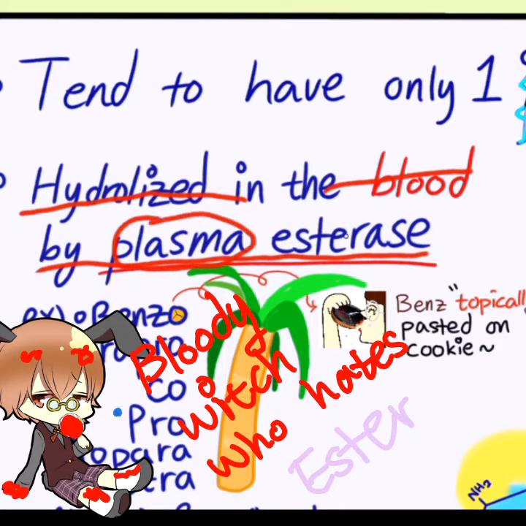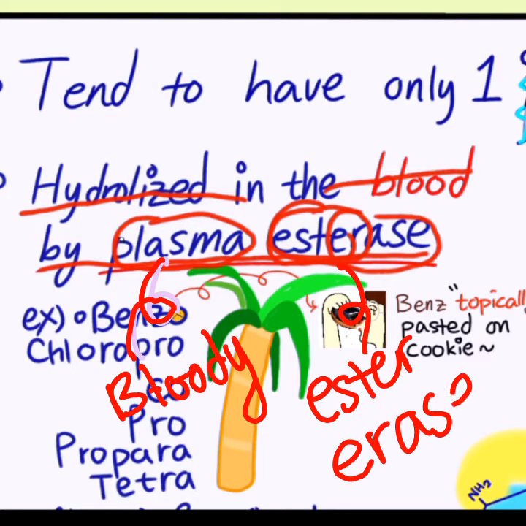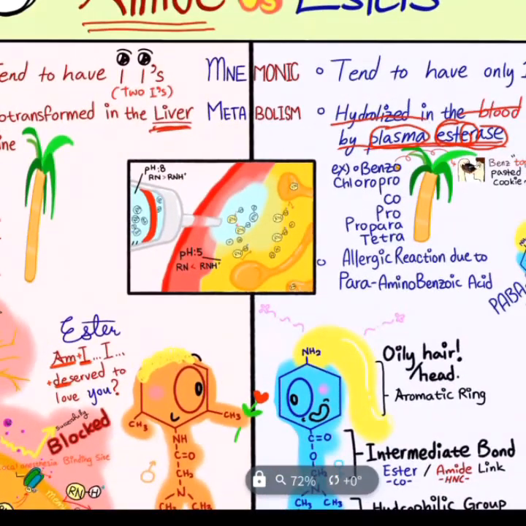And Esther, she wants to erase Esther. Esterase. Okay, so the one who erases the ester is the esterase, right? Ester erase esterase. Since the enemy is bloody, it is plasma esterase. Crystal clear?